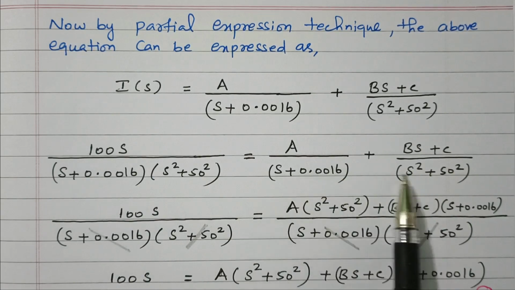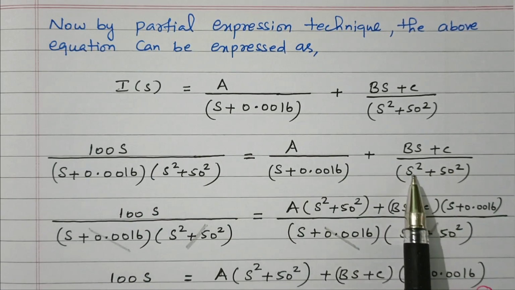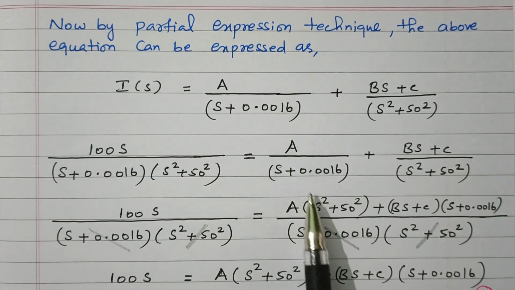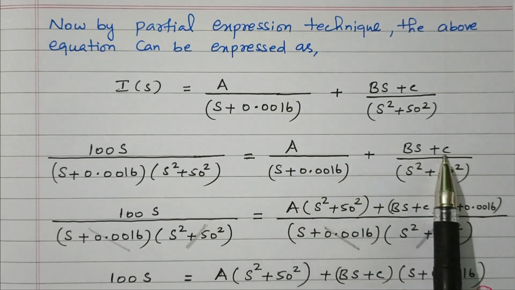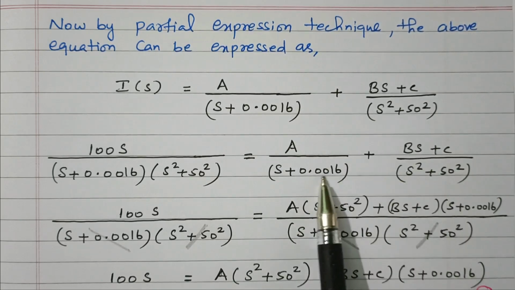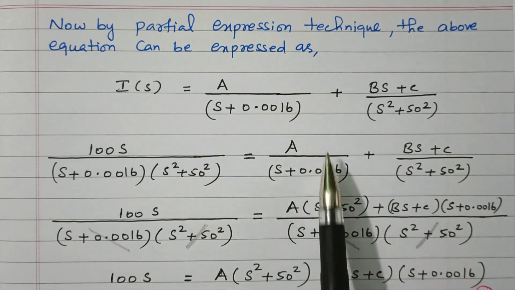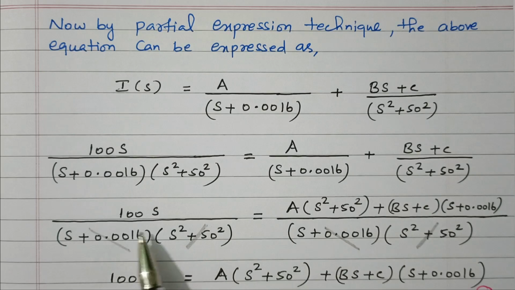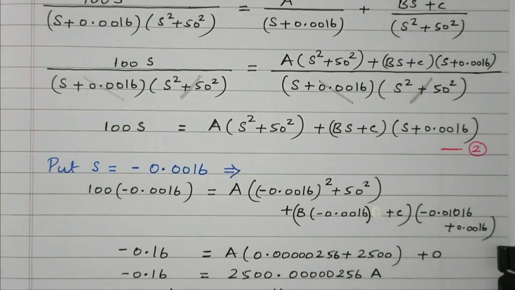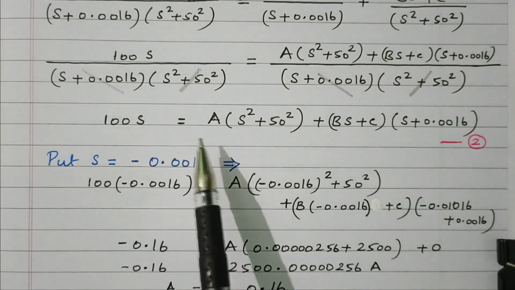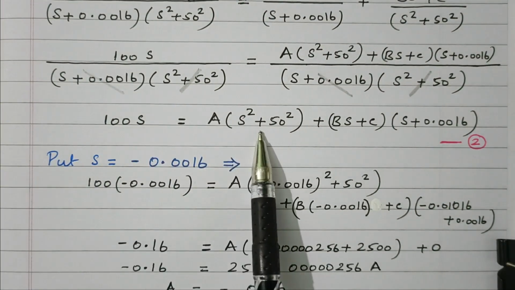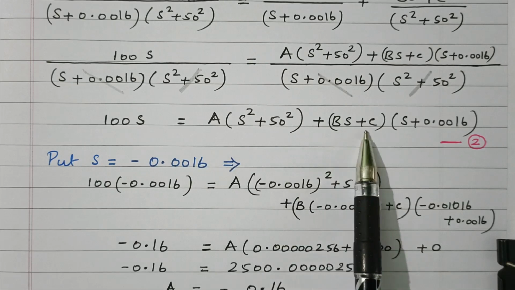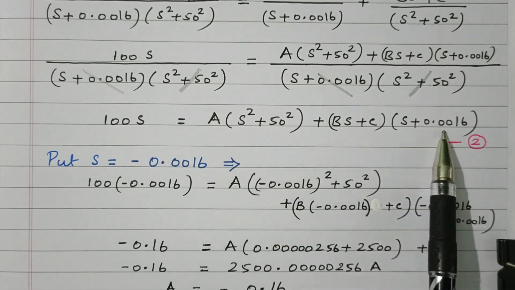Now we'll take the LCM of these two terms. This term is multiplied with A, and this term is multiplied with Bs plus C, because only one term is available in each. The denominators on both sides cancel. So finally we get 100s equals A into (s square plus 50 square) plus (Bs plus C) into (s plus 0.0016).